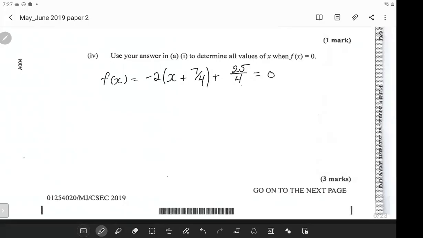We can move some things around. We can subtract 25/4 from both sides and divide by -2. So we get (x plus 7/4) squared is equal to -25/4 divided by -2, the negatives cancel to leave you with 25/8. Now, remember that dividing by 2 is the same as multiplying by a half.